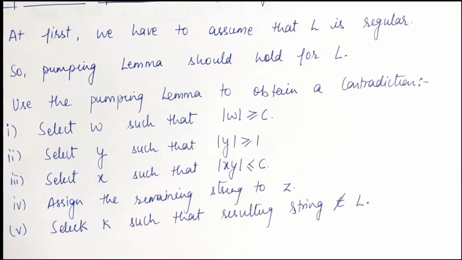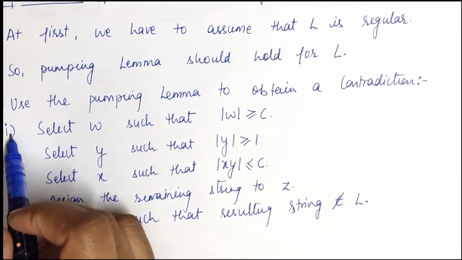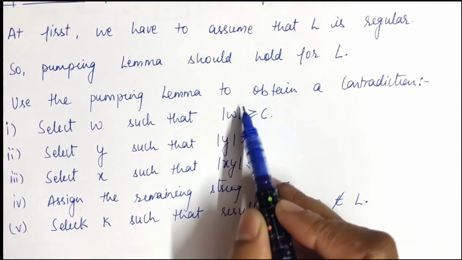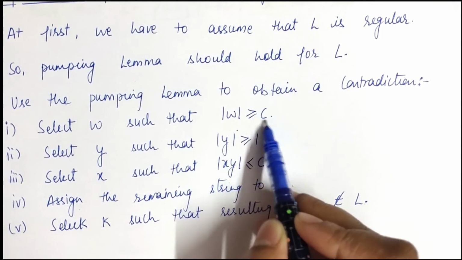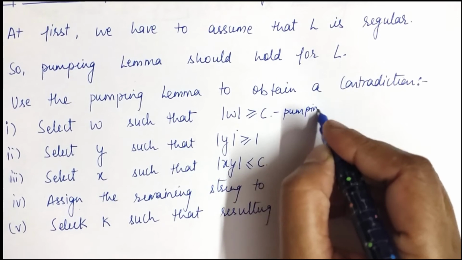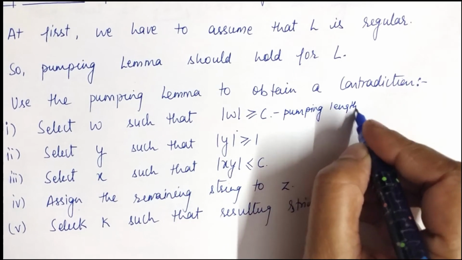So in the third step we select a W such that the length of W is greater than or equal to C. What is C here? This C is the pumping length, or you can say a constant value.